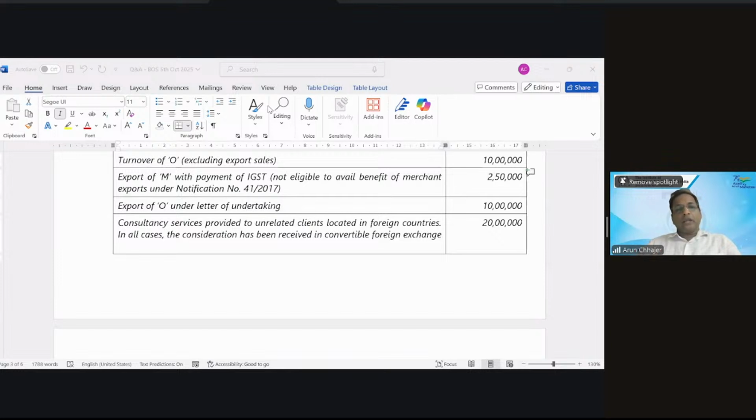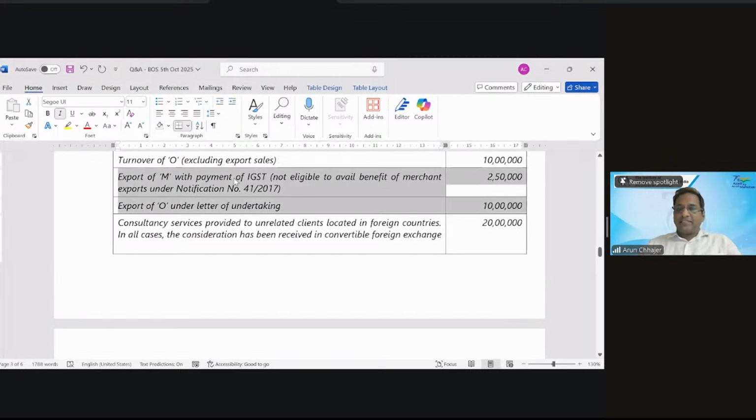Correct. So M is on payment of IGST, which means it is an export, but they have to pay the GST. And export of O is under a letter of undertaking, so there is no obligation to pay the tax at the time of supply.